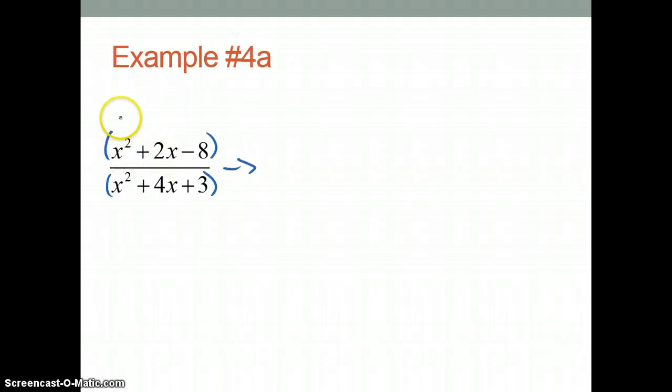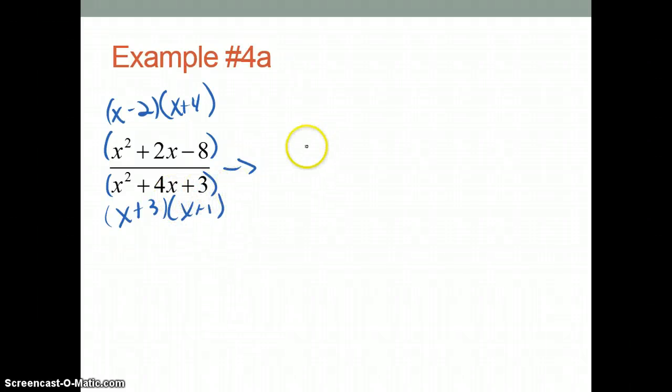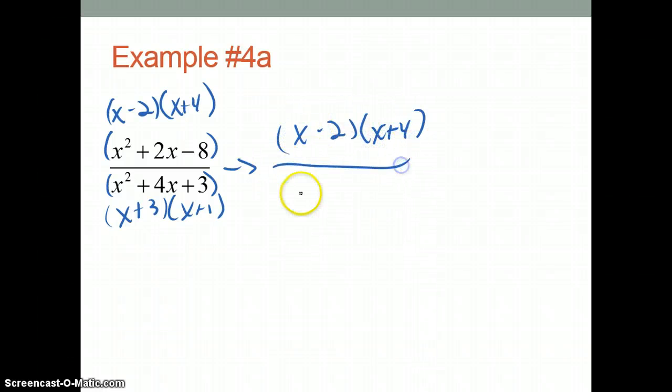So I'm going to go ahead and just factor this. It is x minus 2 and x plus 4. And the bottom factors into x plus 3 and x plus 1. So at this point, my problem now looks like this.